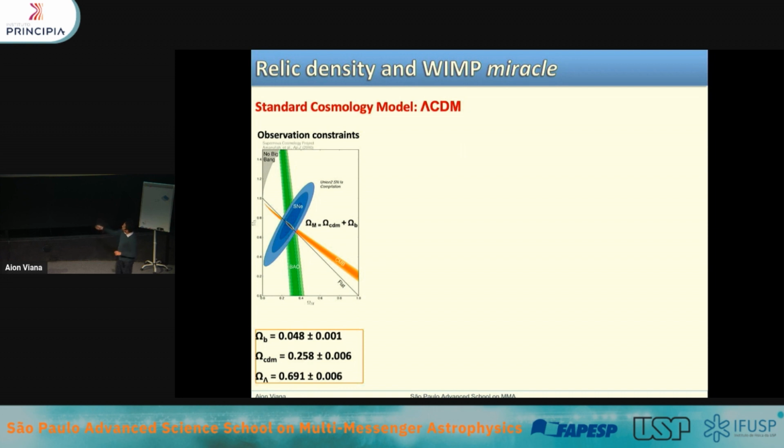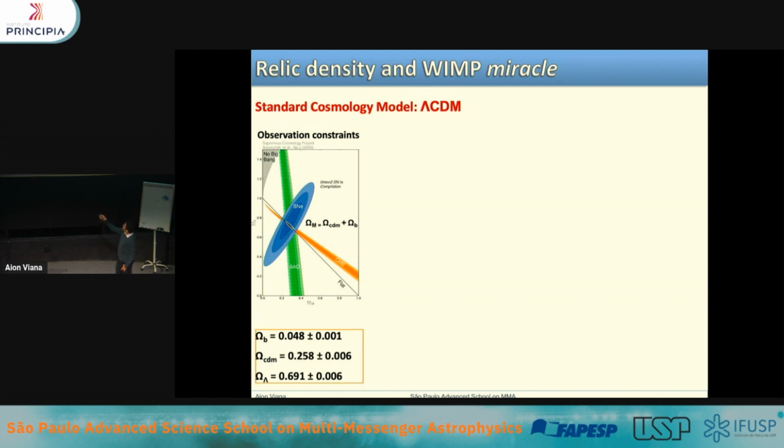There is this scenario that we typically start with when we talk about dark matter for undergrads or school, where we show that pie, where we have 70% of dark energy, 26% of dark matter, and basically 5% of all the rest. This comes from very detailed surveys and observations where we can constrain all these parameters.